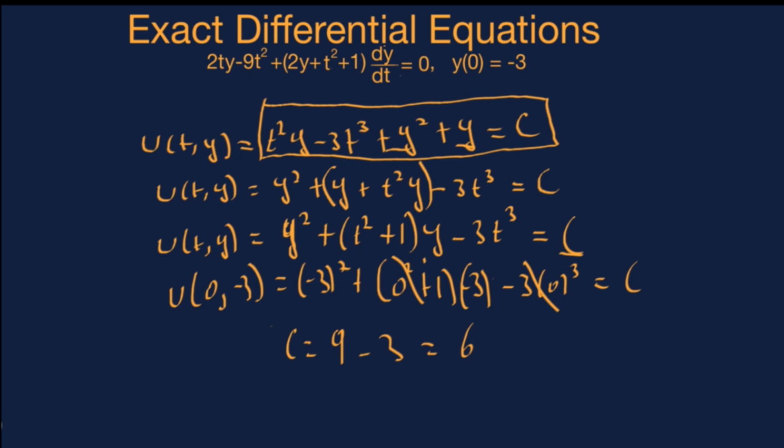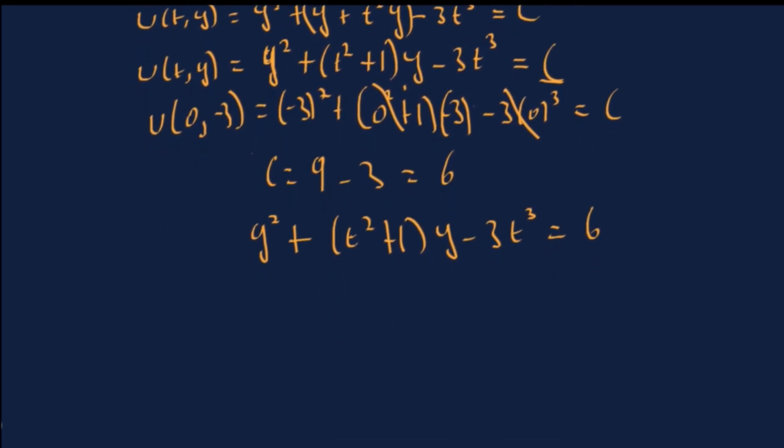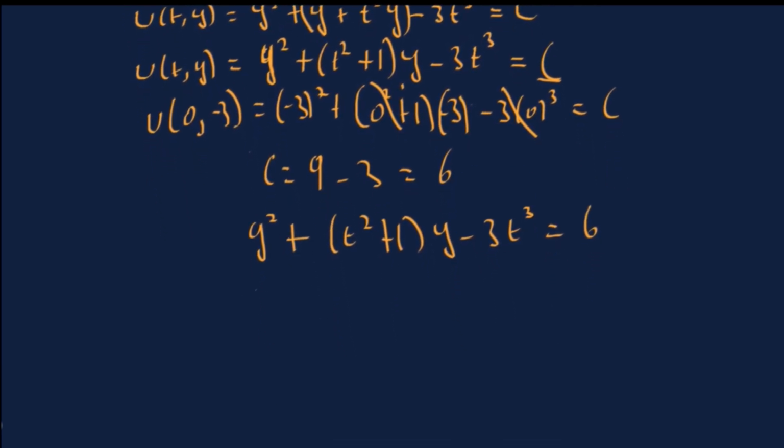And so we can plug this back into the function u and solve for the explicit particular solution. And so when we do that, we get y squared plus t squared plus 1 times y minus 3t cubed is equal to 6. And we can subtract 6 from both sides, so we can make this quadratic equation equal to 0.